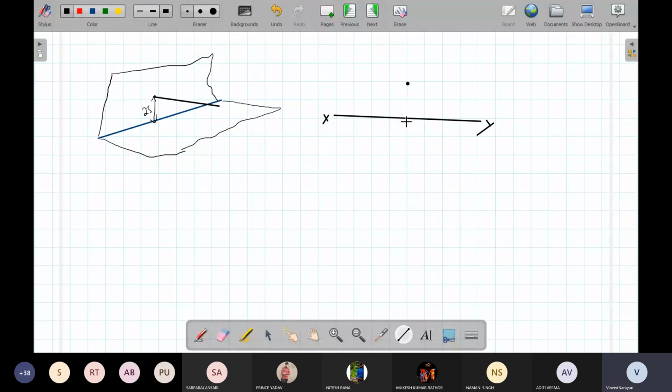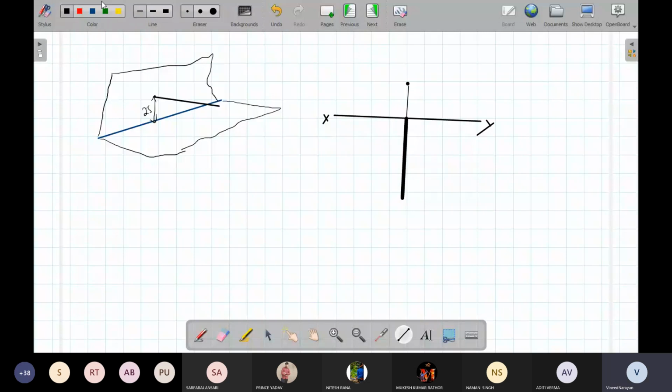Top view will be a line. And you can use a projection line which is thin. So the front view is a dot or a point, whereas the projection on the horizontal plane is a line. So you can give the names also.